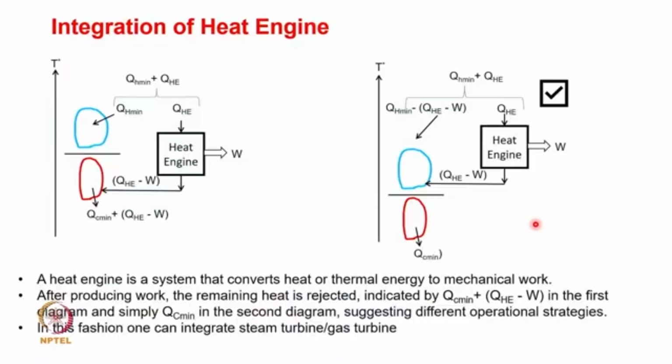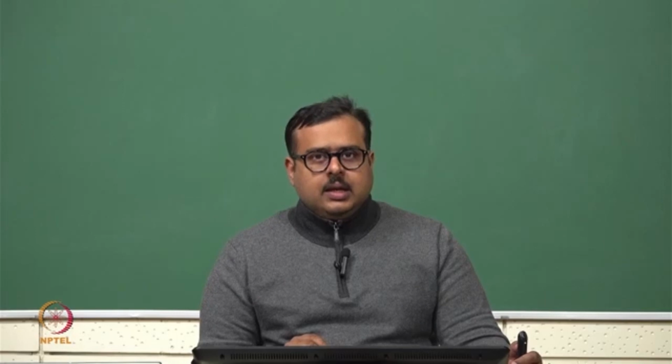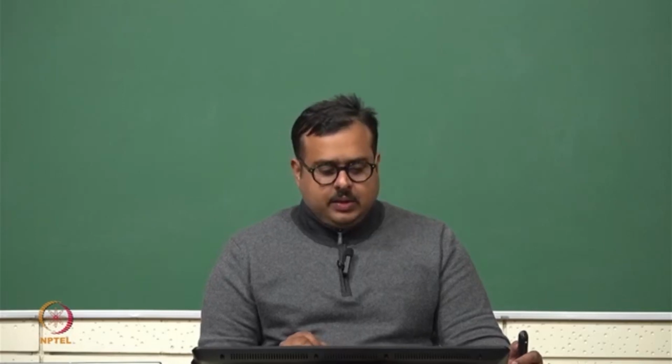see if there is some more possibility of integration by adding a heat engine or by integrating a heat pump. This opportunity eventually results in cogeneration, which essentially means you can also add a steam turbine or a gas turbine to the system.